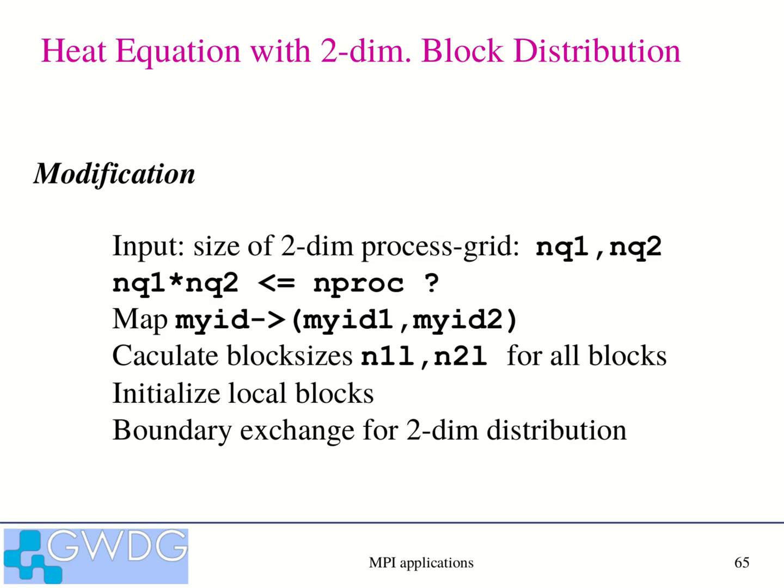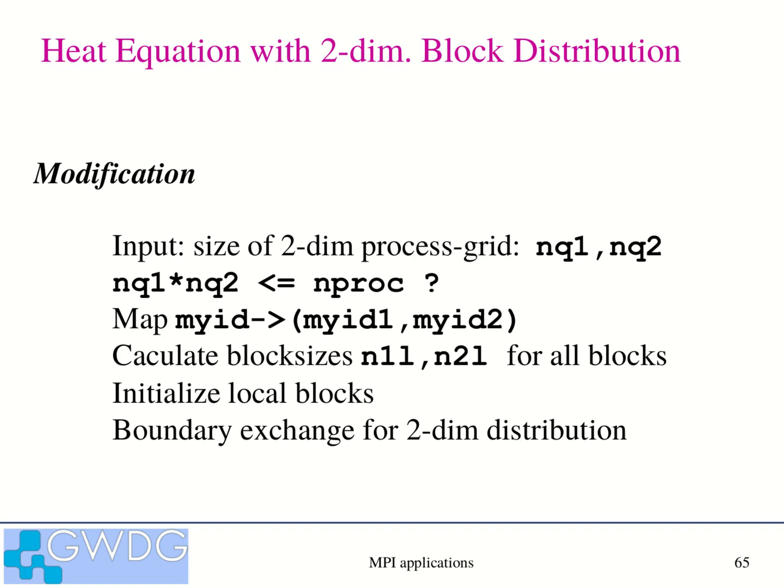So I have two coordinates for every process, 1 and 2 coordinate, and then I have to calculate the block sizes for all blocks, which are now n1 local and n2 local, and I have to initialize the blocks, and most importantly, I have to do the boundary exchange for the two-dimensional distribution.